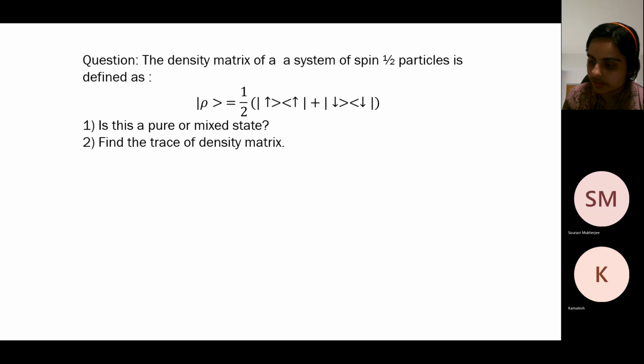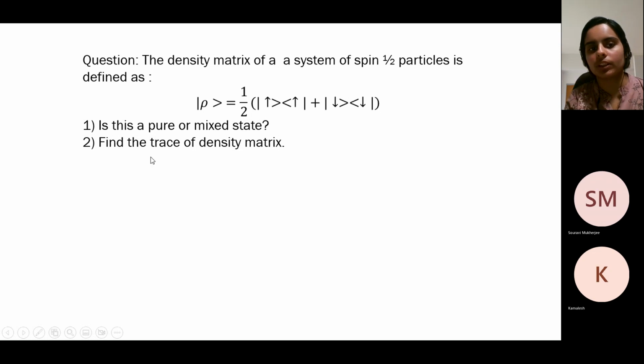Right. So this is a mixed state. That means here there can be different microstates, whereas there was only one possible microstate before. Now in this question, I have already answered this: this is a mixed state because two states are possible, one is an up state, one is a down state, with each having a probability of half. Now what is the density matrix?